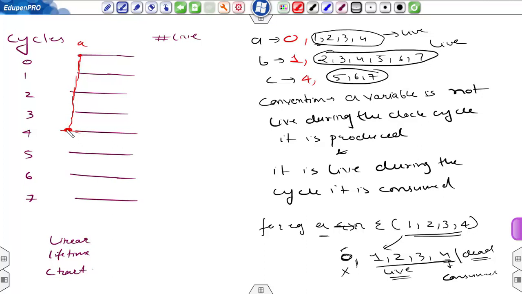Okay, so at this point it is consumed, after that it is dead. For B, starting from 1 to 7, and for C starting from 4 to 7.